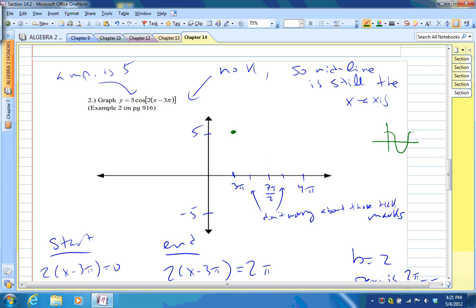That's the general curve for y equals cosine x. But of course, because it got shifted over 3 pi to the right, because our h here is 3 pi, that's where we start. Then we go to the middle. Then we go here, back to the middle, and back up top. And that right there would be your cosine graph.